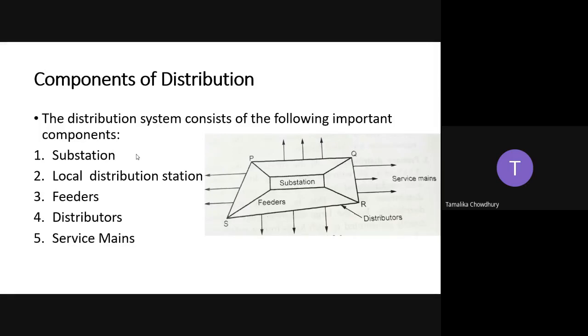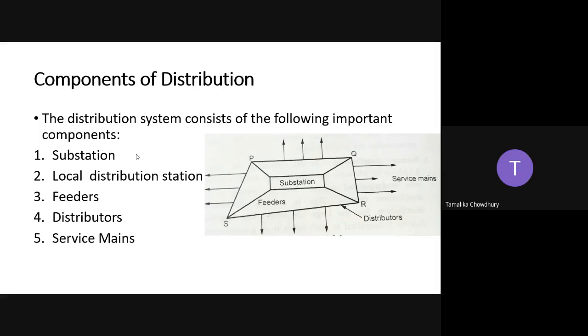Now the substations are the places where this change occurs. Change means the transformers actually operate in substations. So if they ask you what is the main component or the most important thing in a substation, that is the transformers. So whatever this up and down of voltage is taking place, it takes place in substations clearly.